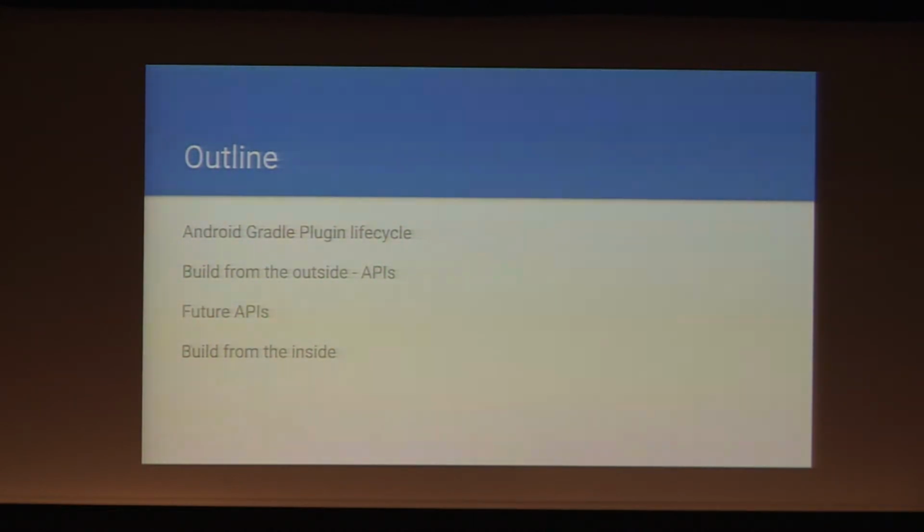Also, we're going to look at the future APIs, something that we are currently working on, and we are hoping to ship in Android Gradle Plugin 3.3, and hopefully that's going to make you happy if you're using them. And also, we are going to look at the build from the inside, so hopefully you're going to leave this talk with a bit more knowledge about these parts, and whenever a colleague of yours in the company asks you how something works, you're going to be the one that's able to provide the answer.